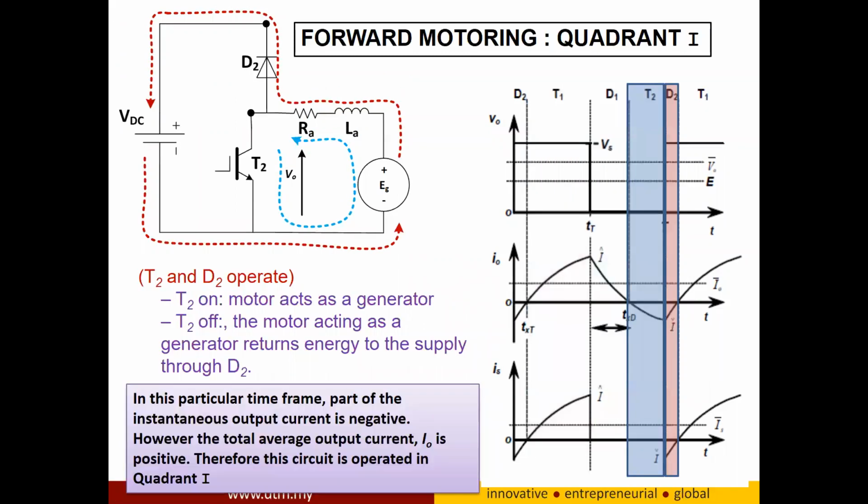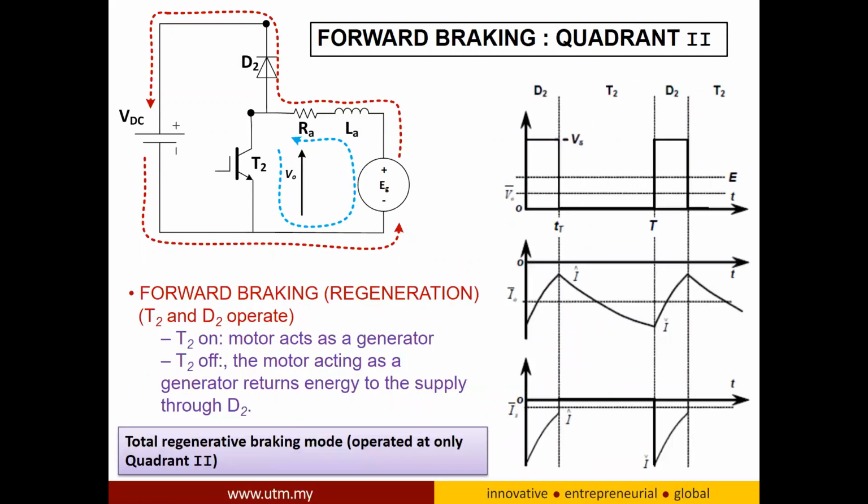The same circuit can also be operated in the second quadrant. So how can this circuit be operated in the second quadrant? For the second quadrant, you should know that VA is positive and IA is negative. To make IA negative, T2 must turn on first.